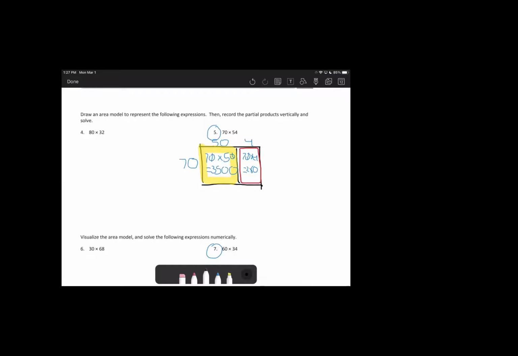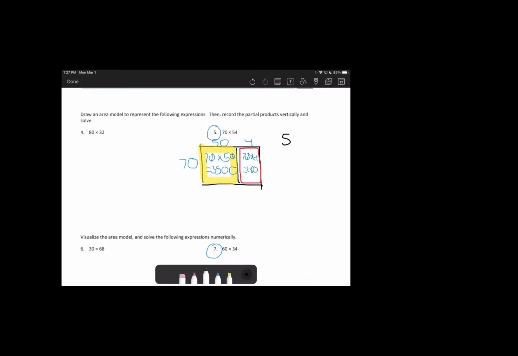All right, so Chase, how am I going to write my problem vertically? Put 280 on top. Right, so first I need to actually write my problem vertically, 70 times 54. So what number do I want to put on the top of my vertical? 70 or 54.